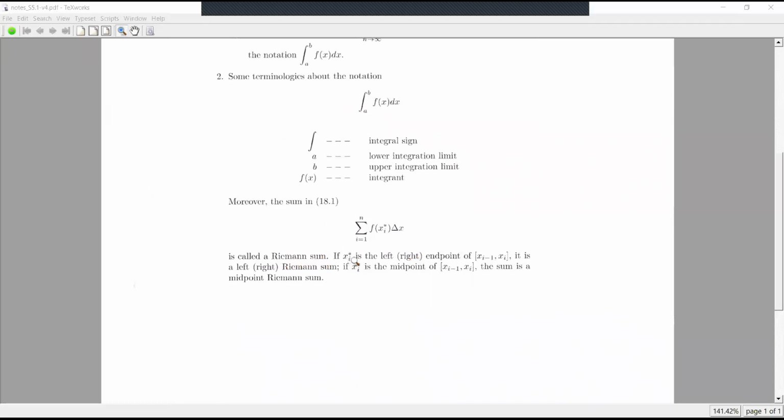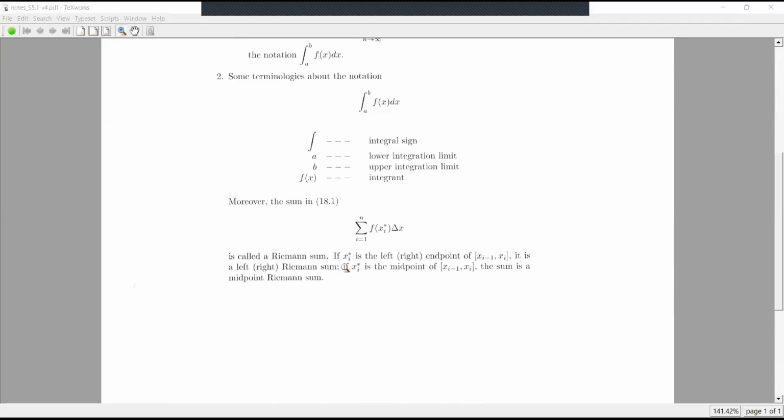xi star is an arbitrary point from a subinterval. If you choose xi star to be the left endpoint of the subinterval, then this sum is called a left Riemann sum.